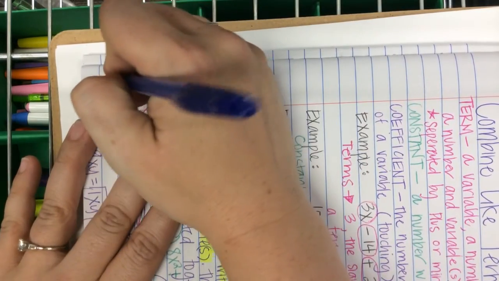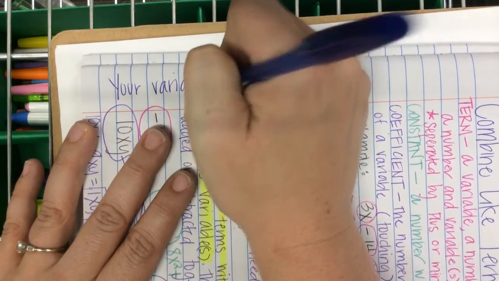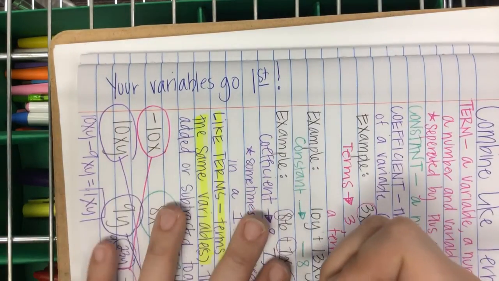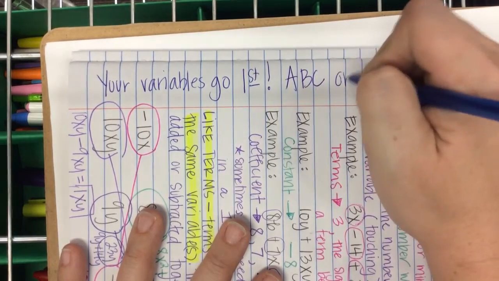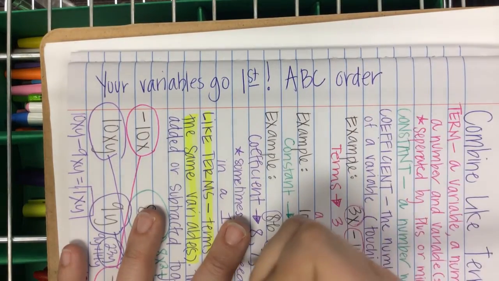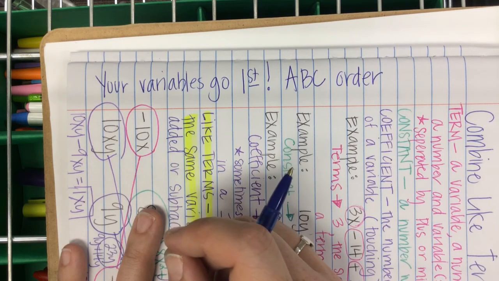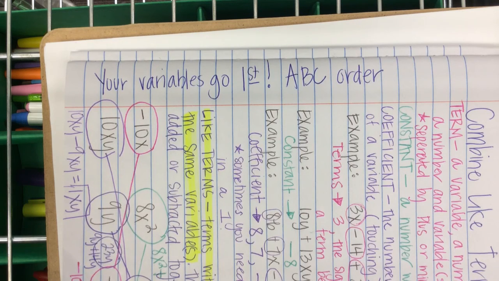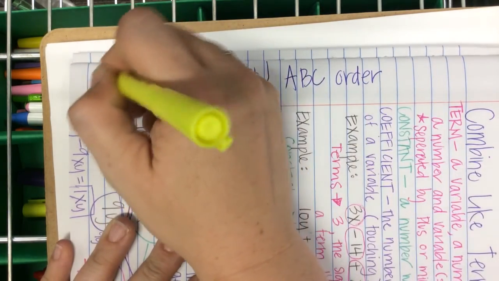Let's remember your variables go first, and they should go in ABC order. Your variables go first, and they should go in ABC order. Cody, this is getting added to your notes. So turn around.